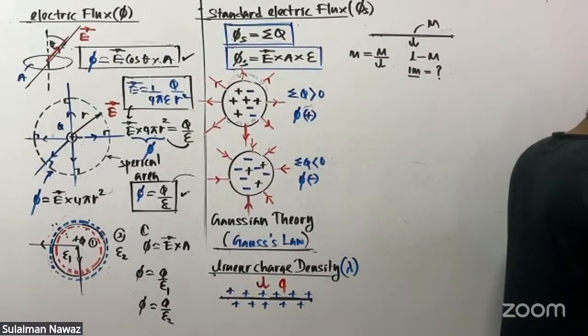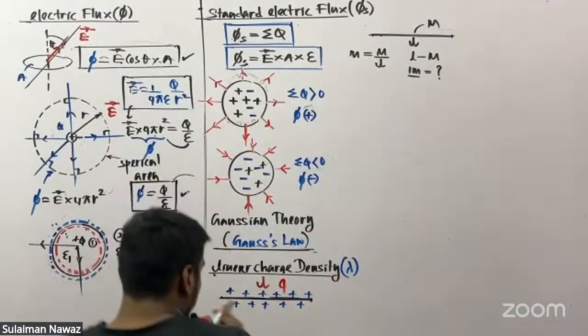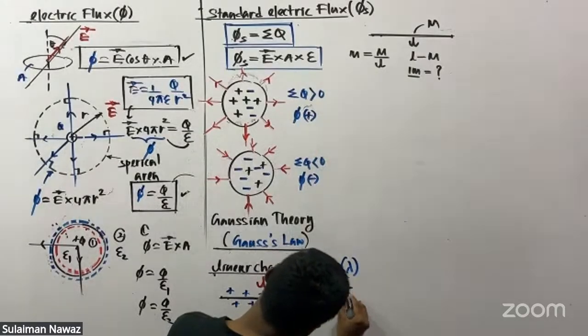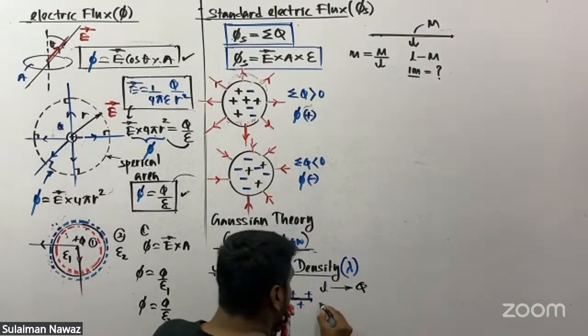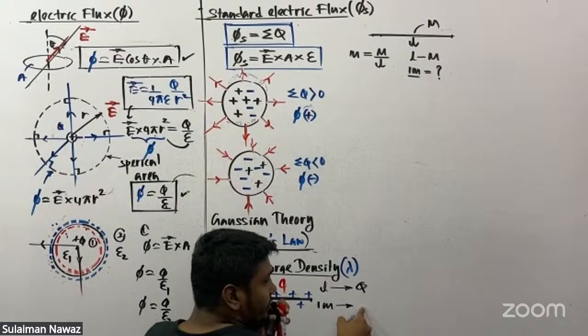For simple L length, the total charge is capital Q. So then for 1 meter length, for a unit length, what is the charge distribution?